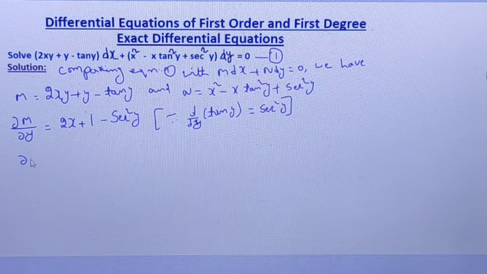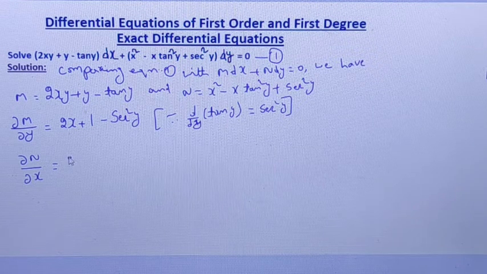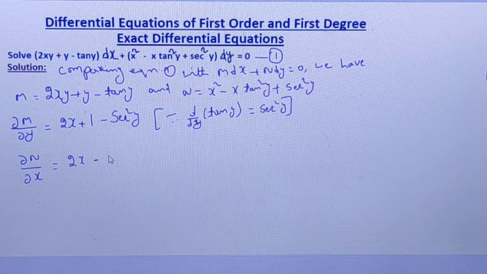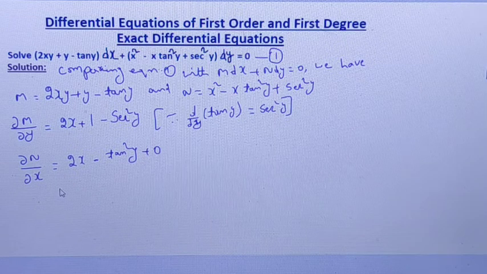Now dou N by dou x. Because we are differentiating with respect to x, y is treated as constant. So the derivative of x^2 with respect to x is 2x. The derivative of x tan^2 y, it is minus: the derivative of x is 1, so tan^2 y is constant, so 1 into tan^2 y. The derivative of sec^2 y with respect to x is 0. So this is 2x minus tan^2 y.